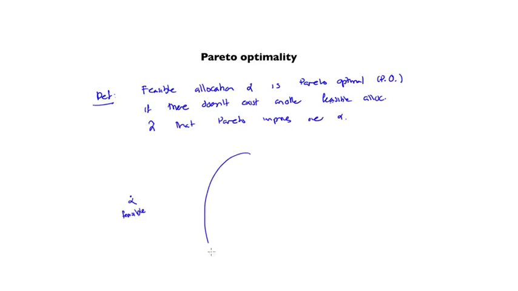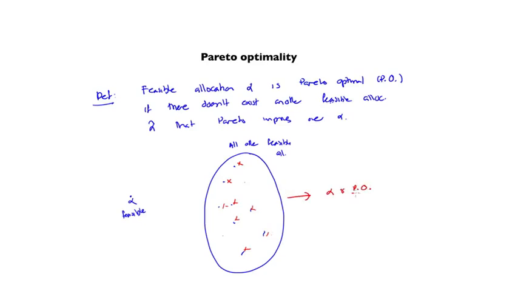What we have to do is look at the set of all possible other feasible allocations, and for each one of them at a time, we apply the Pareto improvement test. We say, if we move from here to here, can we Pareto improve? No. If we move from here to here, can we Pareto improve? No. If this is no for everything, then we can conclude that alpha is Pareto optimal. Why?